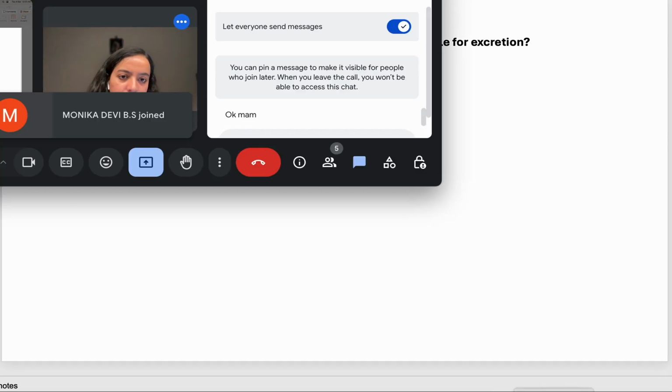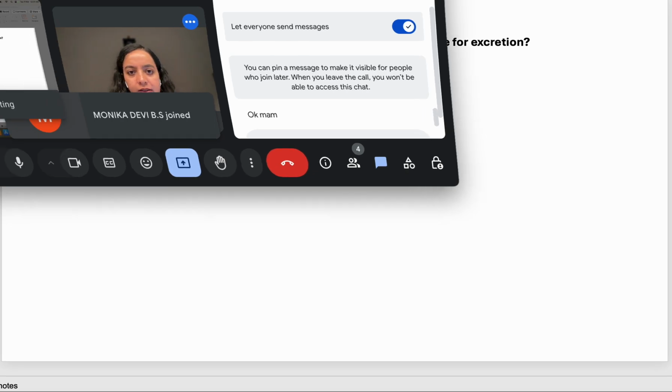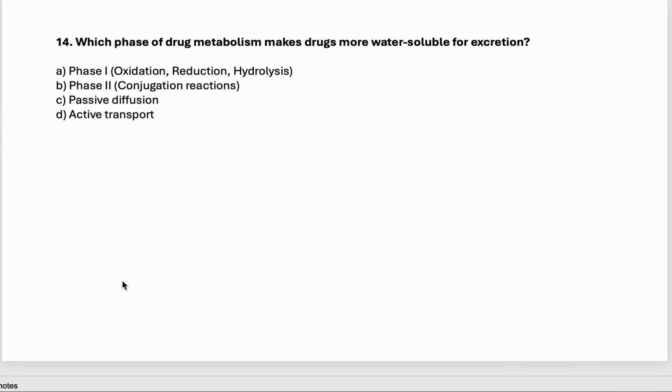Is there any question? I don't think so. But you're not wrong. I can understand, phase one is not wrong exactly, but because the question is focusing more on water solubility for excretion, the more appropriate answer would be B, phase two. Is that clear?